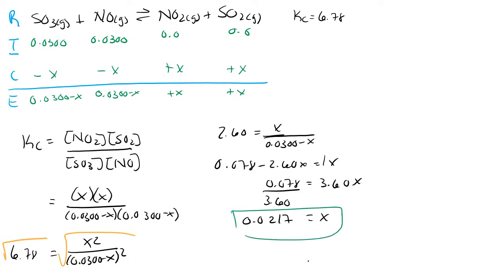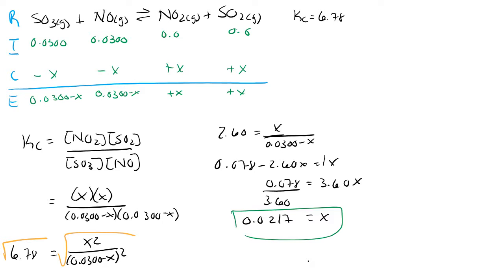But you are not done. So that is not the answer. We need to figure out all our concentrations. So use that x. We want to take 0.0300 minus 0.0217.